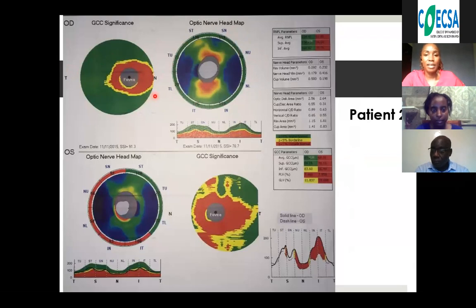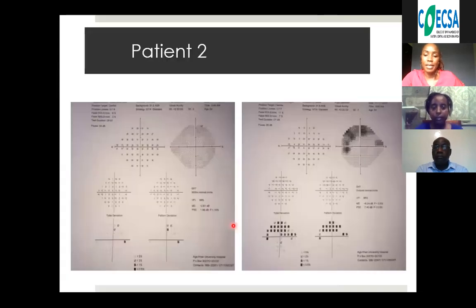However, the ganglion cell count was showing some defects, especially in the parafoveal area, so we need to keep an eye on it. But the left eye has quite some damage, both on the RNFL and in the ganglion cell analysis. Her visual field, right eye was fairly normal, okay? So we needed to just monitor it closely.